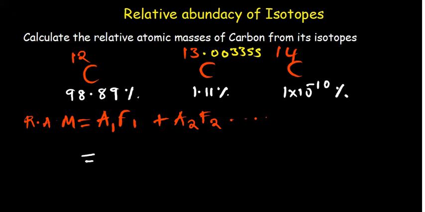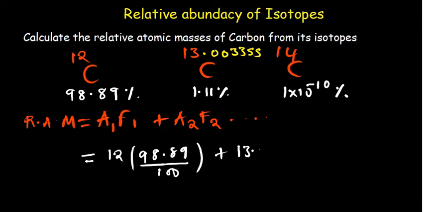For carbon 12, the percentage is 98.89 over 100 plus 13.003355 multiplied by 1.11.